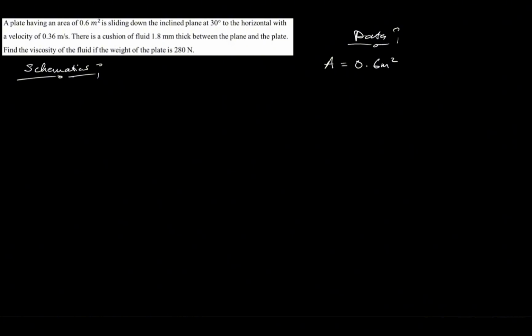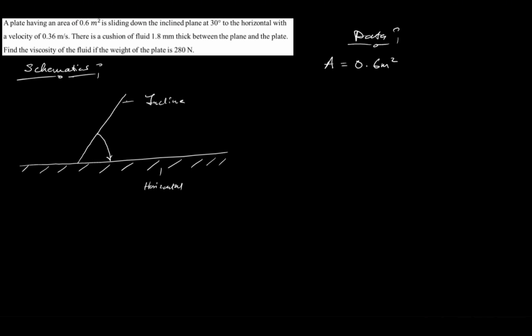So we're having something like this. That is the incline in question. Then let us create the horizontal. This horizontal is fixed to the ground. It's inclined at an angle of 30 degrees. So we have the plate sliding down.